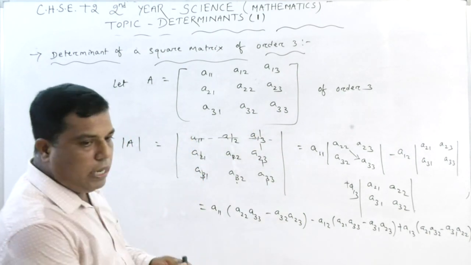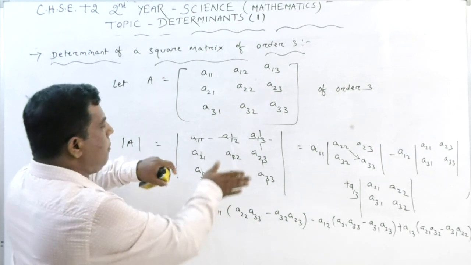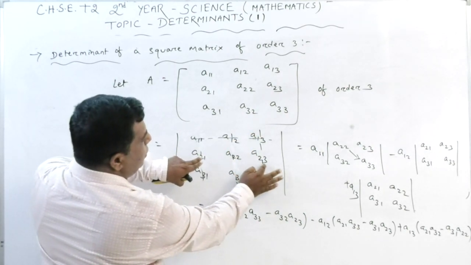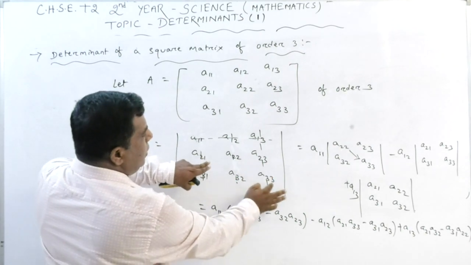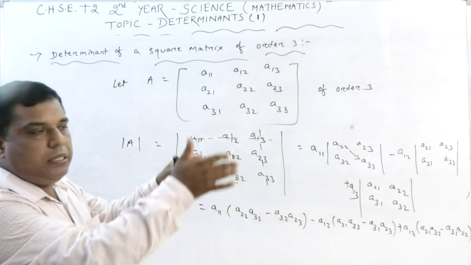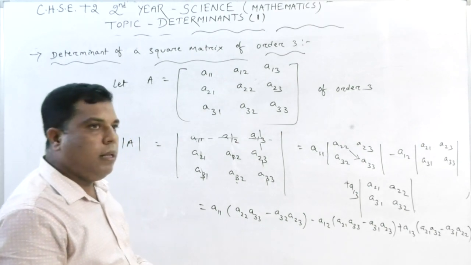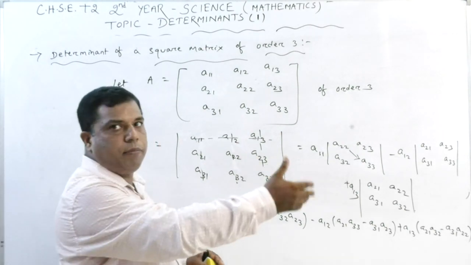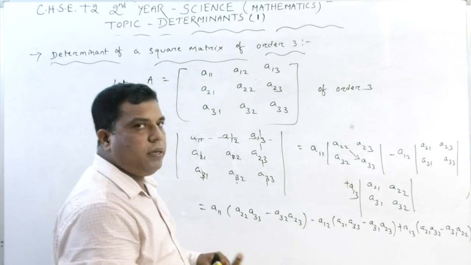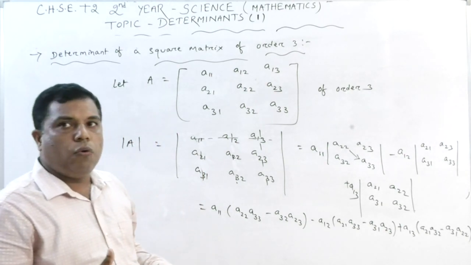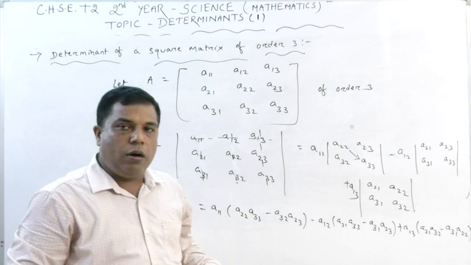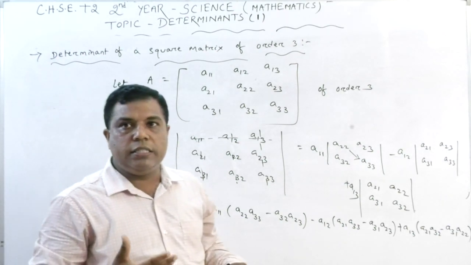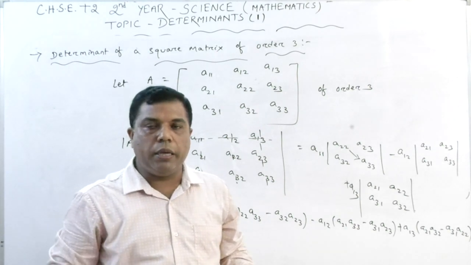If I remove that row and column, it remains A22, A23, A32 and A33. Represent it in determinant manner. Then take a negative sign, minus. While finding a determinant, the sign alters, that is, it is evaluated in a zigzag manner, or in an alteration method.